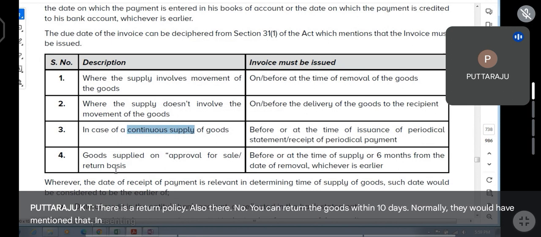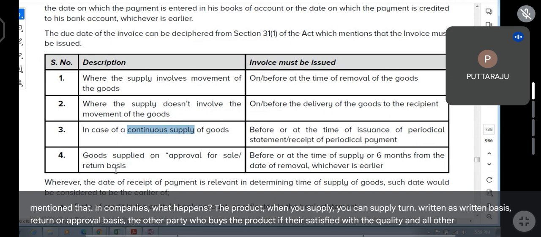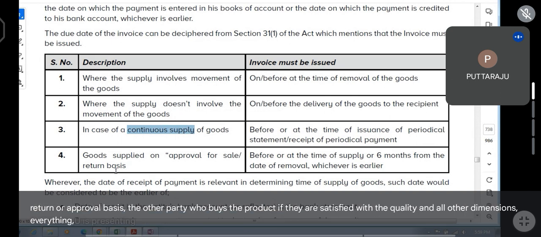In companies, the product can be supplied on return or approval basis. The other party who buys the product, if they are satisfied with the quality and all other dimensions, they can keep it. Then it will be treated as supply.